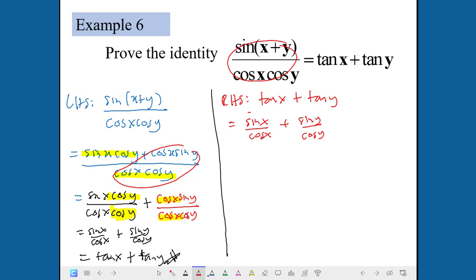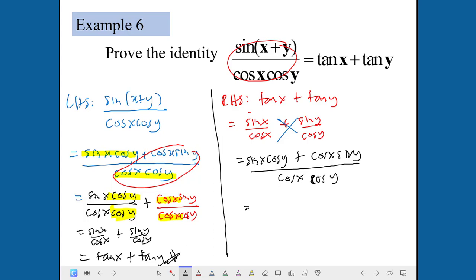Then equating the denominators, you get sin x cos y plus cos x sin y over cos x cos y. Sin A cos B plus cos A sin B is equal to sin(A+B), so this gives sin(x+y) over cos x cos y.